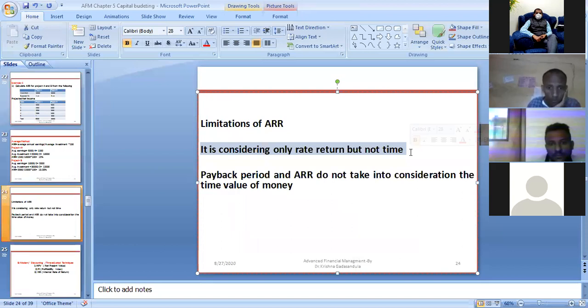That's why both the payback period and ARR do not consider the time value of money, how much value it is giving.